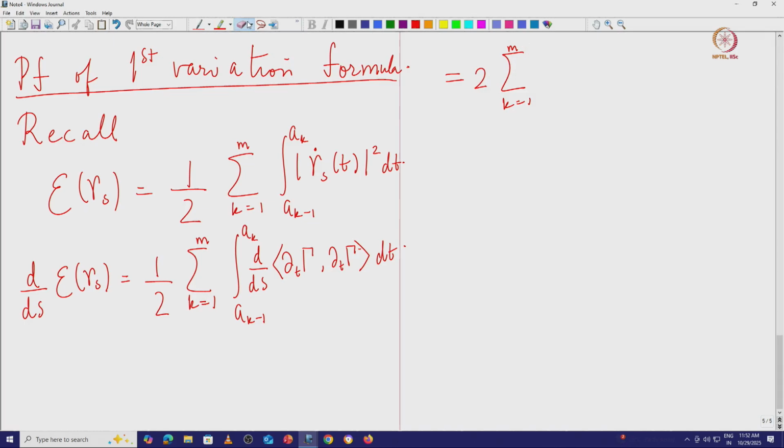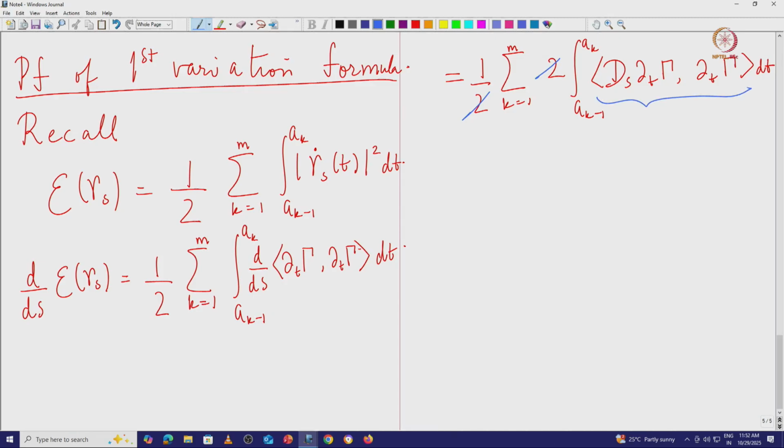Sorry, I have a half here, right? It's going to be 2 times the integral from a_{k-1} to a_k of D_s ∂_t gamma comma ∂_t gamma. Okay. So the 2's cancel. Okay. So now let's analyze this term.